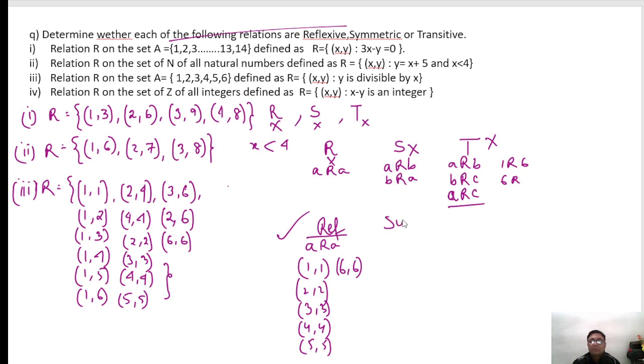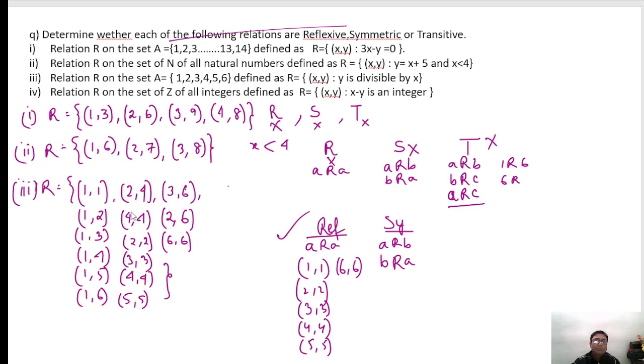Symmetric relation. In symmetric, A R B, so B should be related to A. Y is divisible by X, so X should be divisible by Y. That means 1, 1. Now 4 is divisible by 2, so can I tell 2 is divisible by 4?